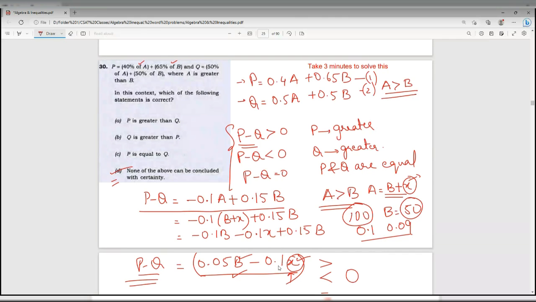Because this difference P minus Q depends on B and the difference between the numbers, it is very difficult to say whether P is greater than Q, less than Q, or equal to Q. You need more information than this. If D was not there, you could have substituted any value and calculated them. I hope the things are clear. If you have any doubts, you can ask.